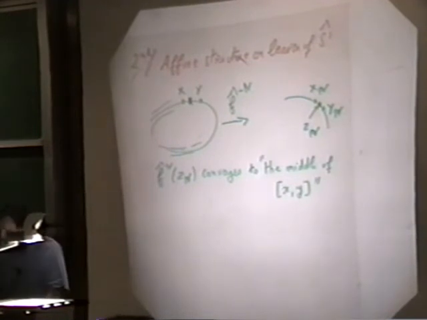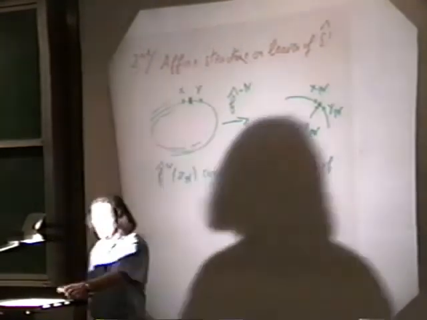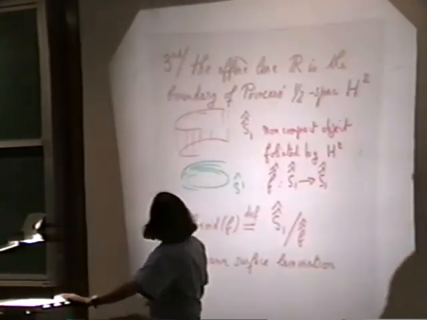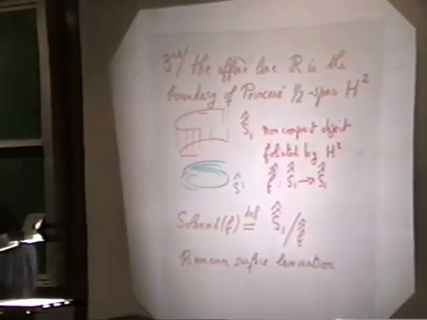The third step is to observe that the affine line, you can think of it as being the boundary of the upper half space in the Poincaré model.